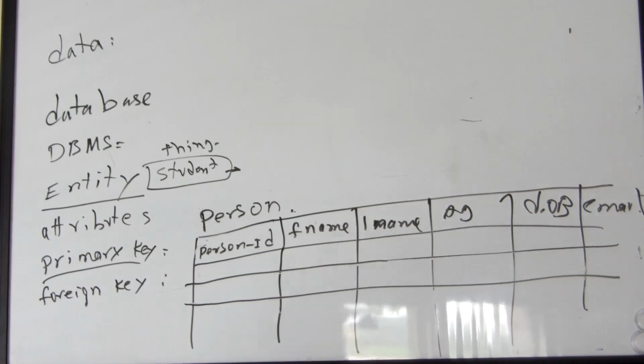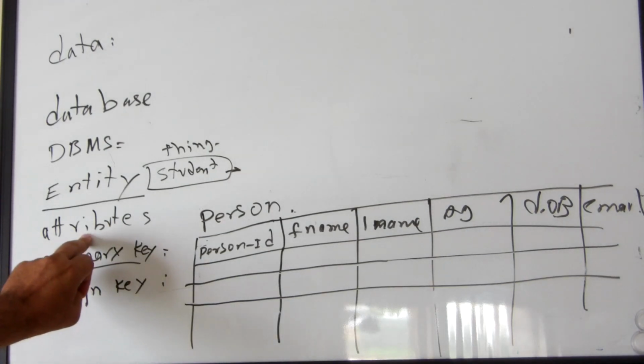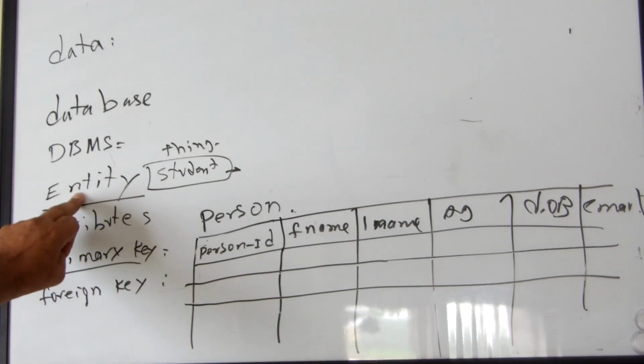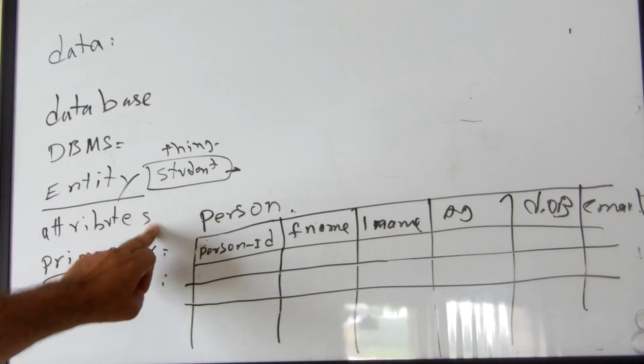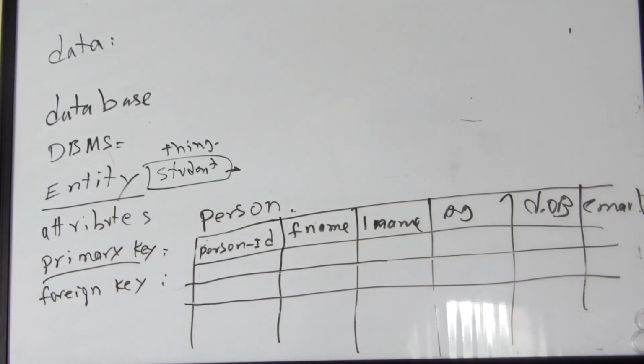Attribute defines the entity, and the value of entities could be anything. Age is an attribute, okay? We can say that the value of this attribute age is 22. So it's the value of the attribute.